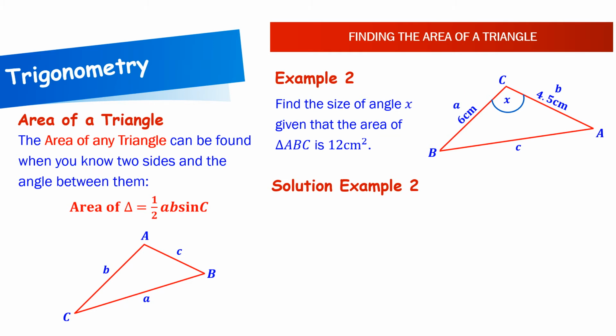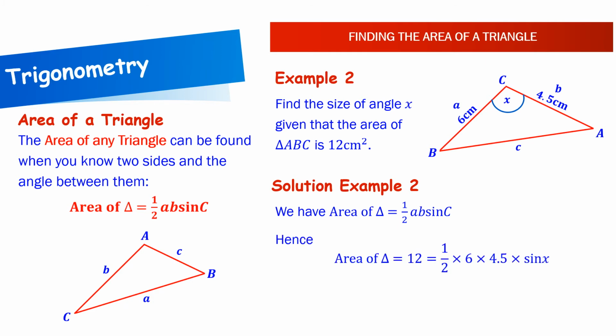So let's solve this. We have that the area of the triangle is half ab sine C. Therefore, plugging in the values, we have that the area of the triangle is 12 centimeters squared, which equals half times a, which is 6, times b, which is 4.5, times sine x, and we're trying to find x.